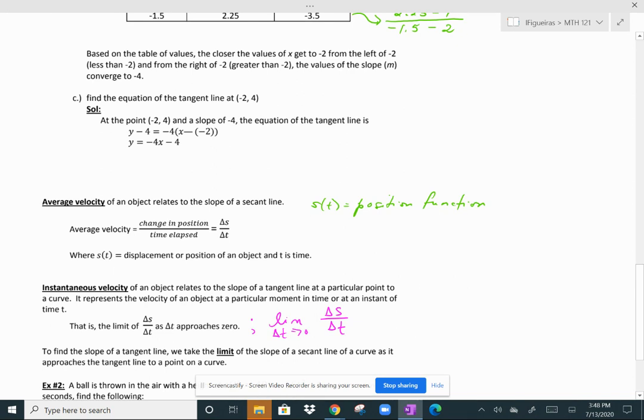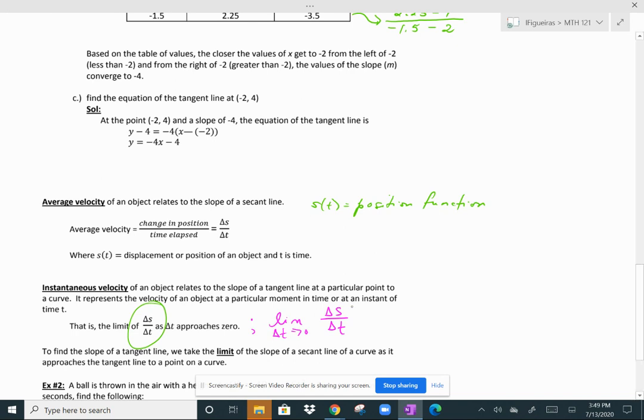So instantaneous velocity of an object relates to the slope of a tangent line at a particular point to a curve if it represents the velocity of an object at a particular moment of time or a single instant of time. So that's the same as computing the limit of delta s over delta t as the change in time approaches 0. So when your time interval approaches 0, meaning a single moment of time.